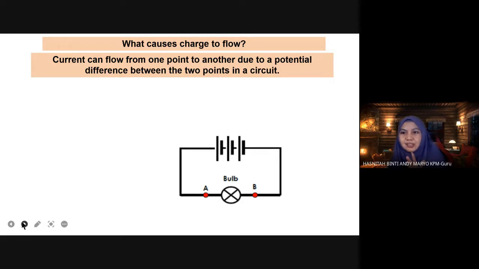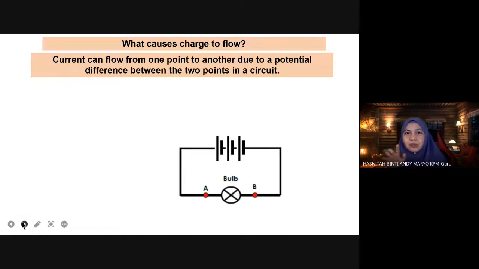What is actually potential difference? Potential difference is like pressure. You remember the aerofoil shape. On top we have low pressure, below we have high pressure. So the pressure difference creates lifting force.